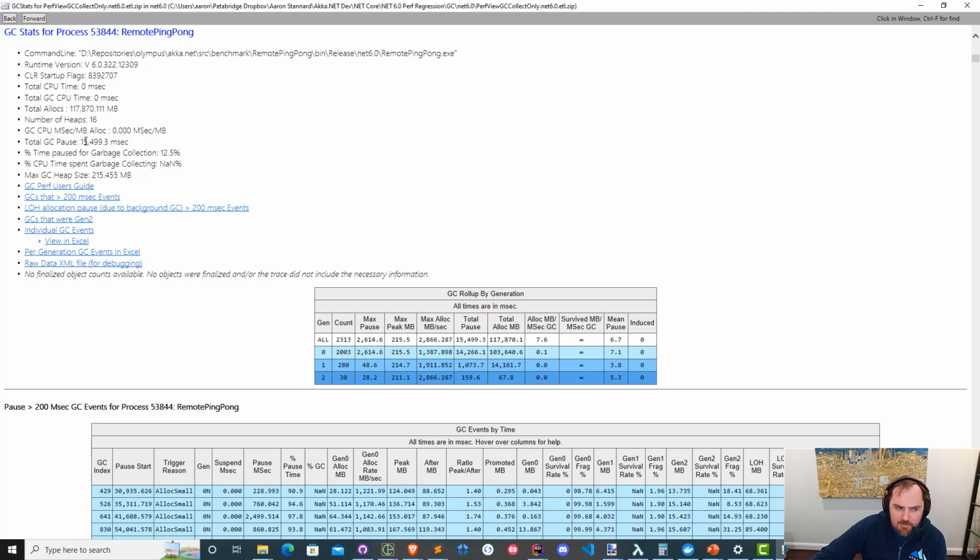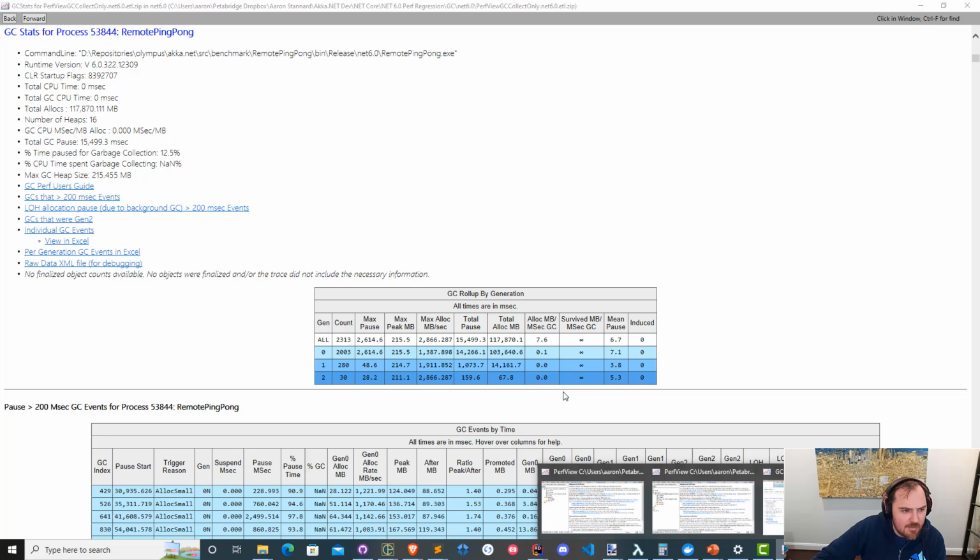Our total GC pause time for .NET Core 3.1 was roughly 8.5 seconds. Well, it's nearly double in the .NET 6 implementation here. It's almost 16 seconds. So what could have accounted for that? The other thing we should take a look at is what's the max heap size? Like, was there any major difference in allocations happening between these two processes that could explain this?